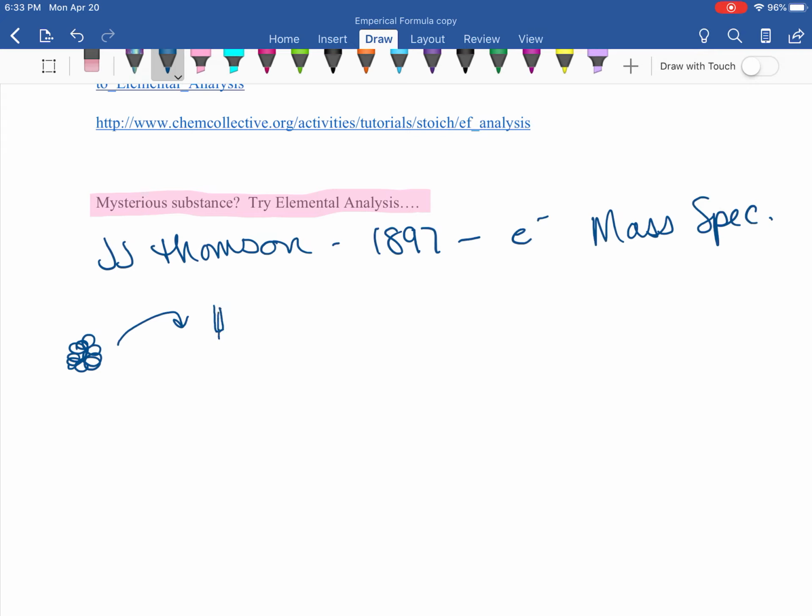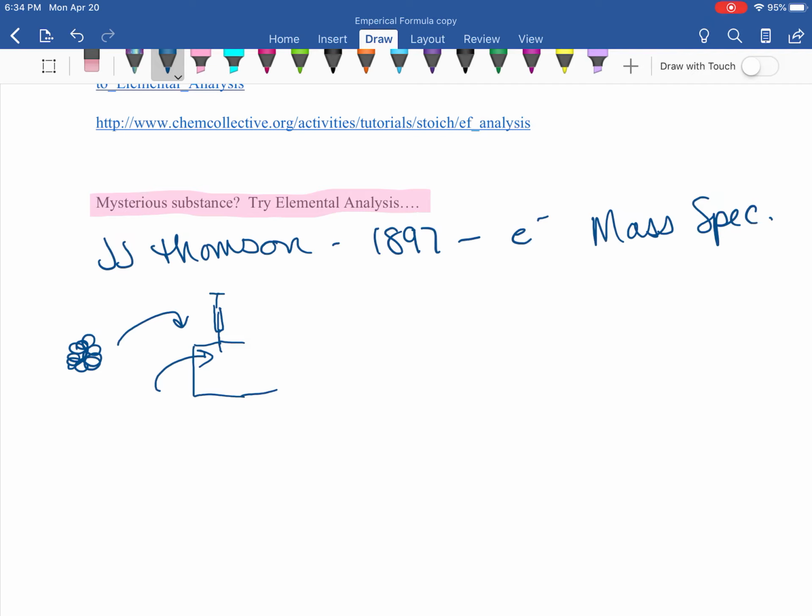You take your little powdered sample, and you would inject it into, let's see if I can draw a syringe. Look at that. All right, you'd inject it into some sort of instrumentation that could take that substance and nail it with a ton of energy. So with modern day mass spec or elemental analysis or things like that, you can bombard with electrons, you can zap it with heat.